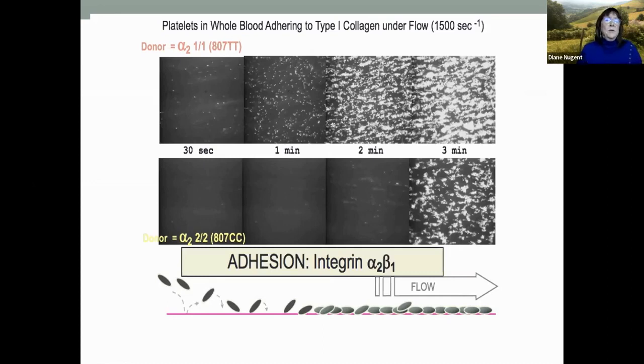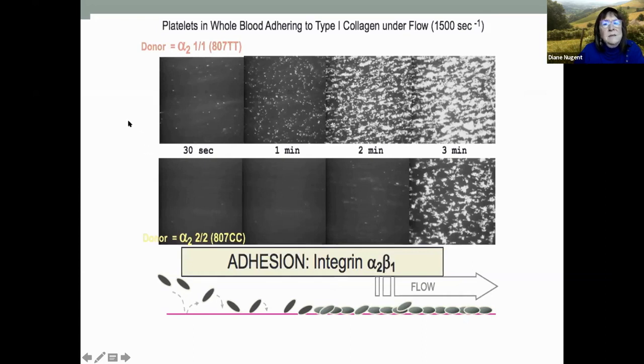So you can have von Willebrand, but if you have this other variation in your platelet function, maybe it compensates, because look how fast the platelets adhere in this person compared to this person, where it actually takes them 2 minutes to even start getting close to what someone can do here in 30 seconds.